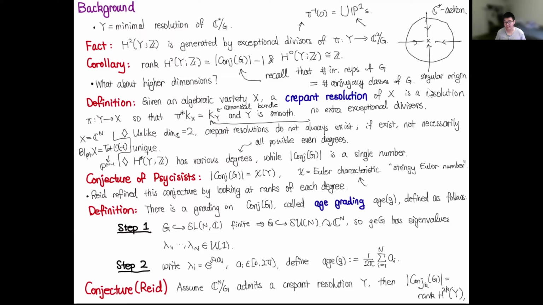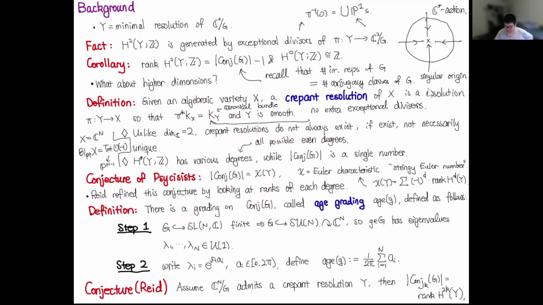The Euler characteristic is the alternating sum of (-1) to the degree times the rank of the cohomology in that degree. So if all the odd degree cohomology vanishes, the Euler characteristic is simply the sum of the ranks of all the degrees of Y.